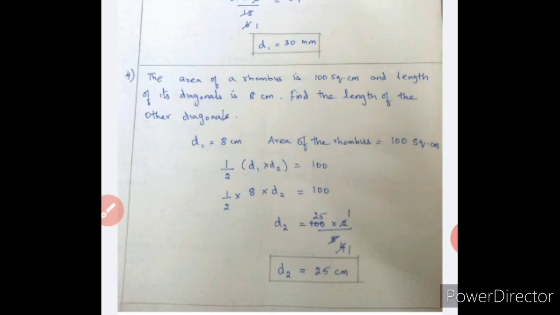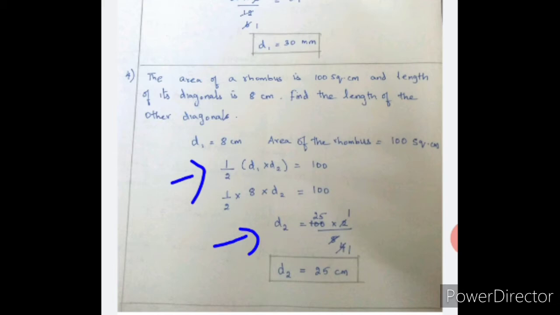So half into d1 into d2 equal to 100 square centimeter. So try to simplify this sum. So d2 equal to 100 into transposition of this number 2 by 8.